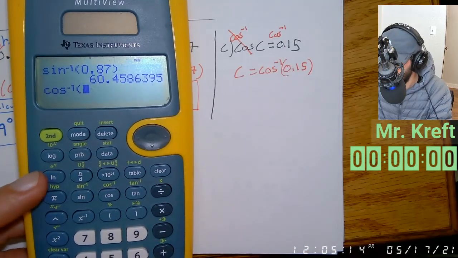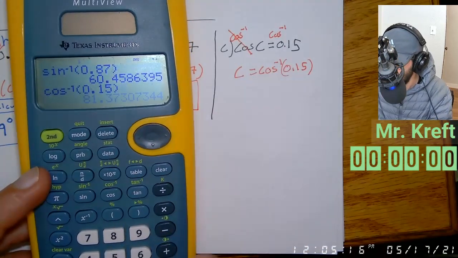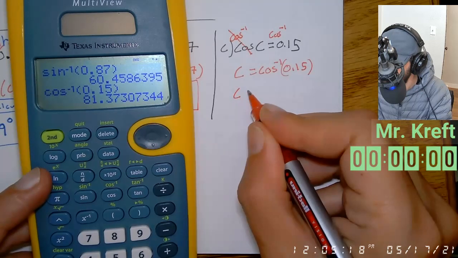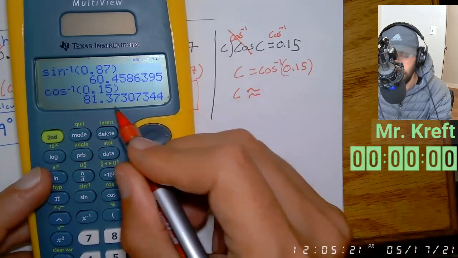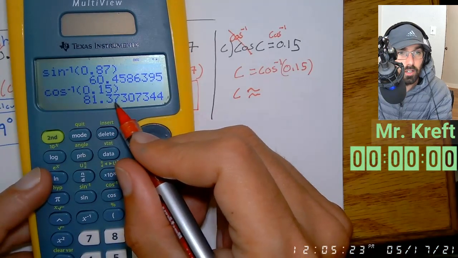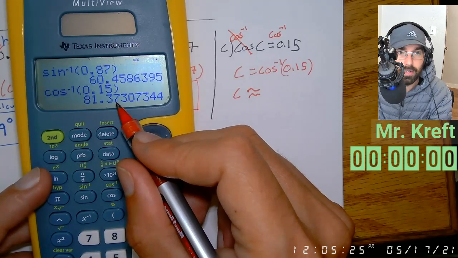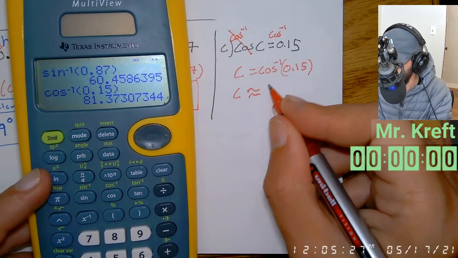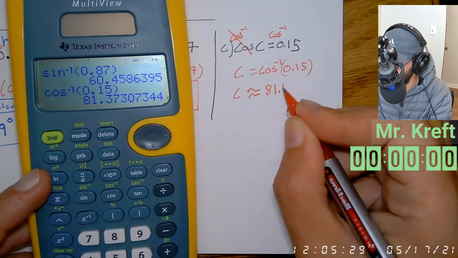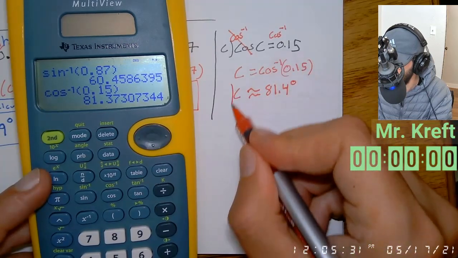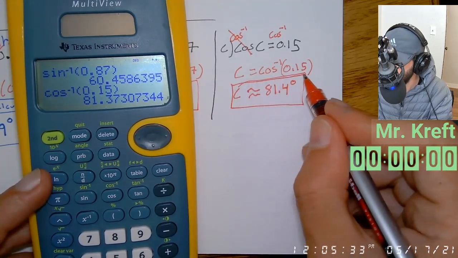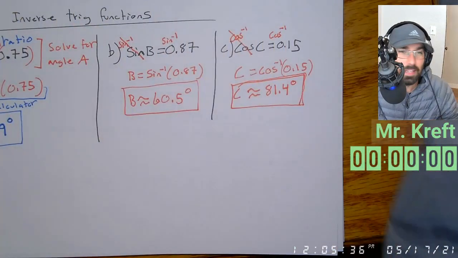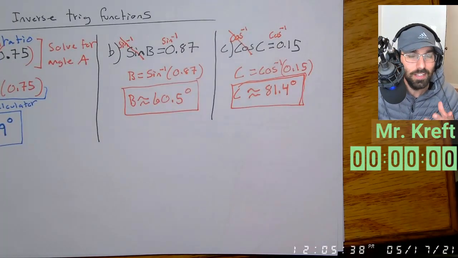Cosine inverse of 0.15. And I get C is approximately, I'm going to go to the first decimal. I'm going to go to the right, and I'm going to say, hey, that's 5 or higher, so I'm going to round up. I'm going to get 81.4 degrees. Okay, so again, it's a little bit new, right? It's a little bit different.